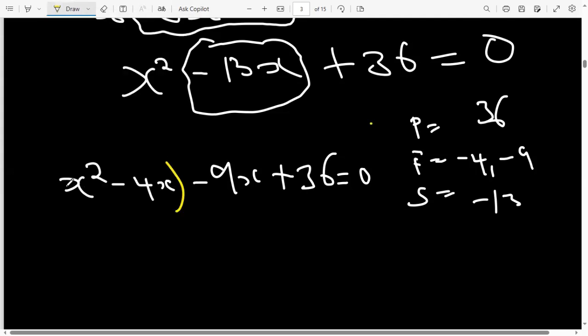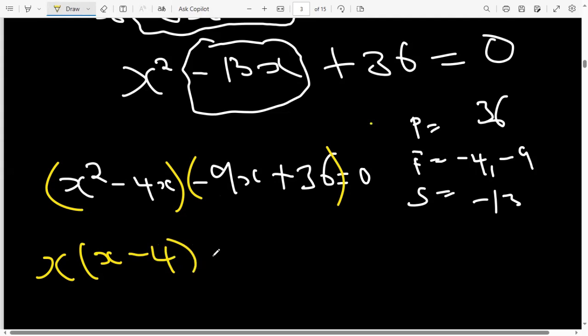This one goes with this one, then the minus 9 and 36 go together. What is common here is the x, and then what is remaining is the x minus 4. And then here what is common, we are going to get the minus 9. We're going to remain with the x. And then here, for us to multiply this minus 9 with a certain number to get positive 36, that number should be minus 4. Then this is equals to 0.